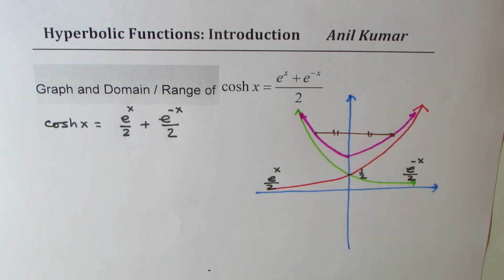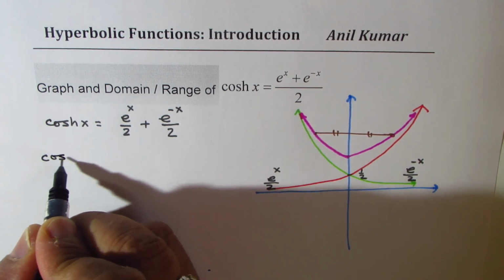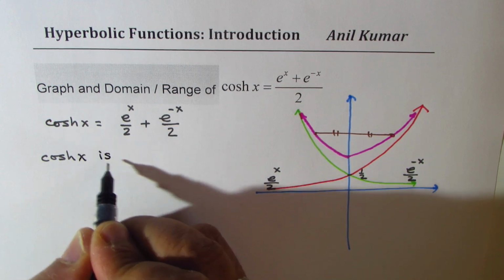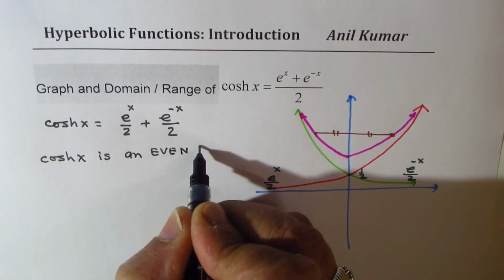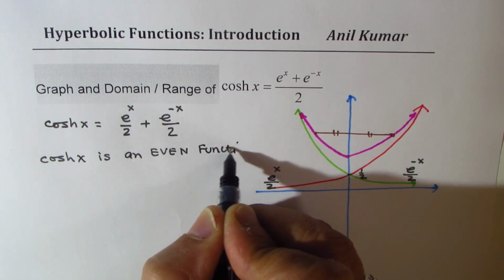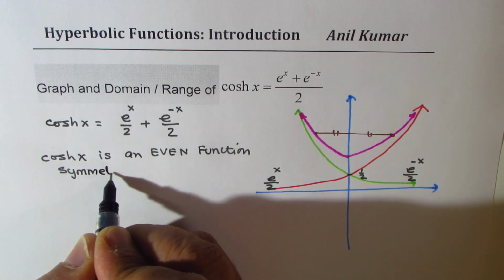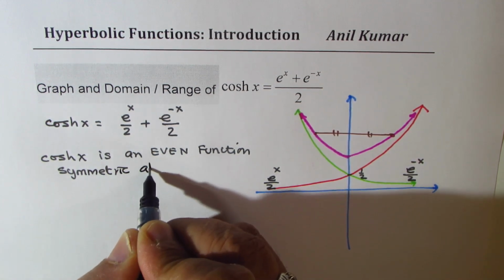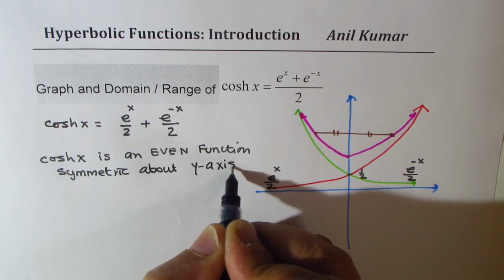So what you learned here is that this particular function, cos hyperbolic x, is even, right? So we can say, first property, that cos hyperbolic x is an even function. It is symmetric about the y-axis, right? This is a very important property.